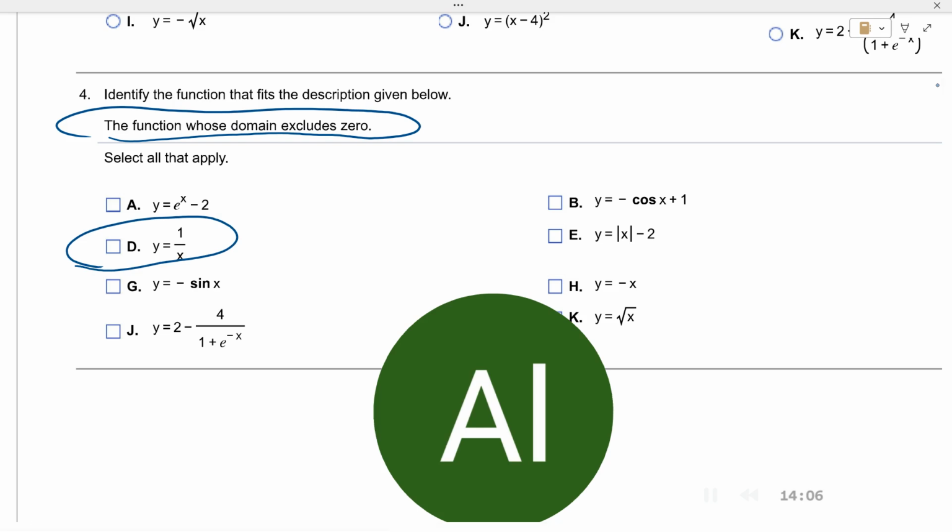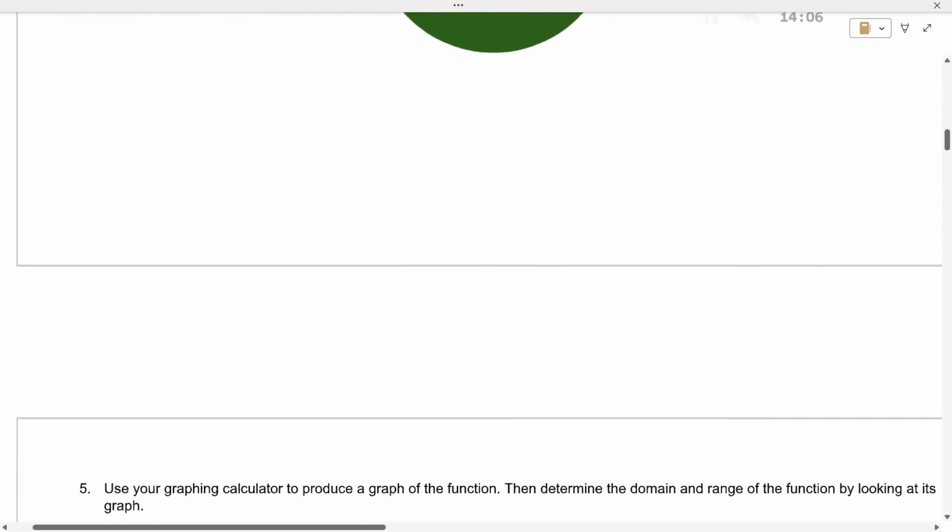E to the negative 0 is 1. 1 plus 1 is 2. So this one would work. This one would work. This one would work. Can you take the square root of 0? Yeah, square root of 0 is 0. So the only one that has a domain that excludes 0 on this one has to be 1 over x.